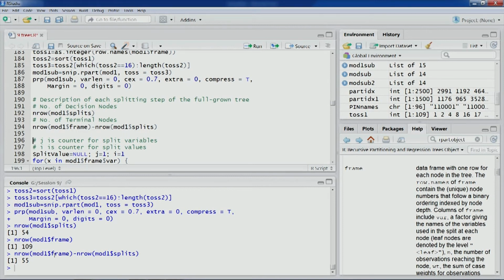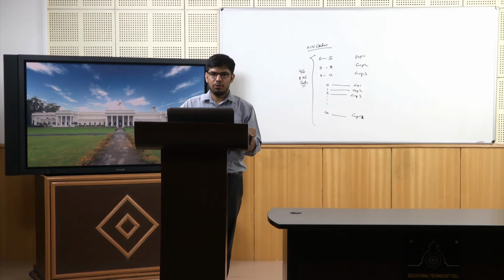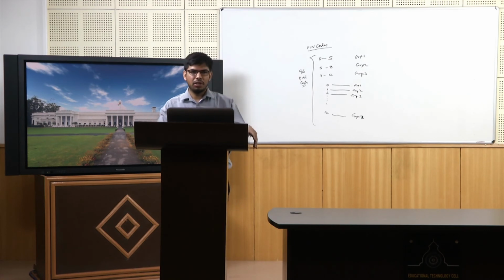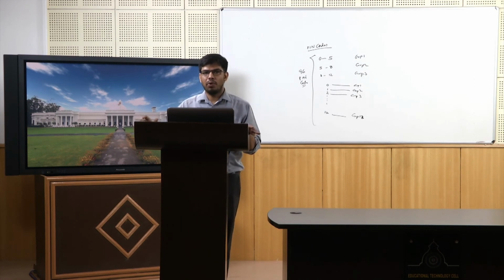So the number of decision nodes is 54 and the number of terminal nodes is 55, which is one more than the number of decision nodes. This is a property of binary trees. In binary trees, the number of terminal nodes or leaves is one more than the decision nodes.